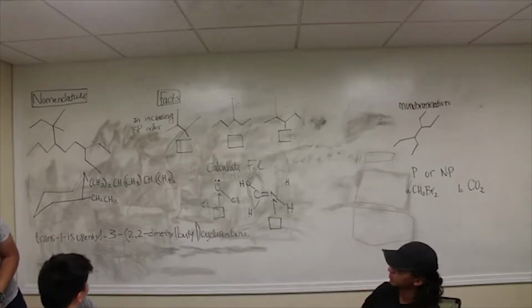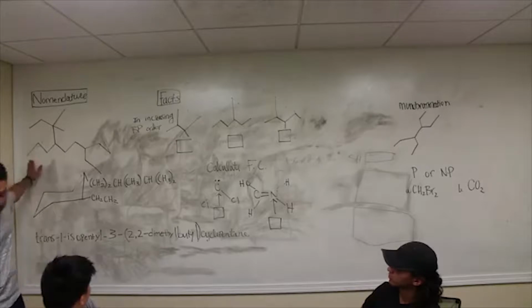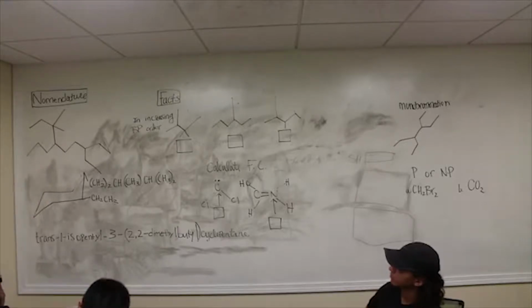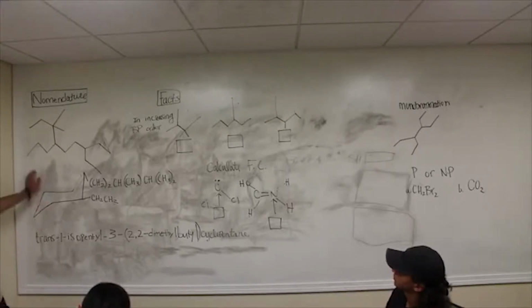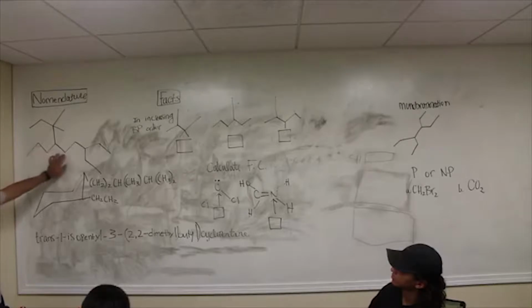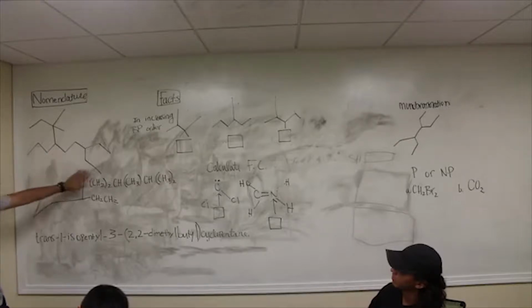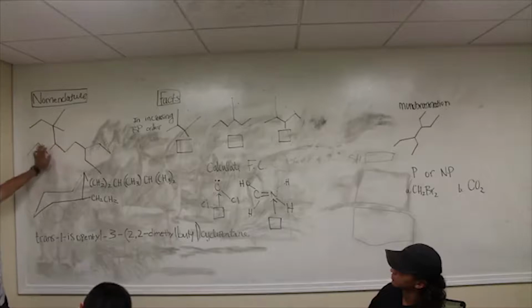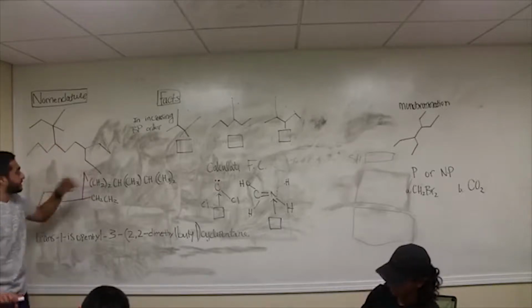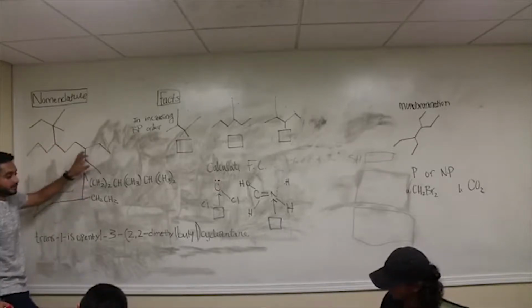Left to right. So it's definitely not this, right? So you can't start from that side. Because if you did, your longest chain would be 1, 2, 3, 4, 5, 6, 7, 8, 9, but your first substituent would be on 4. If you started from here, you'd get 1 through 9, and you wouldn't have a substituent until number 3.